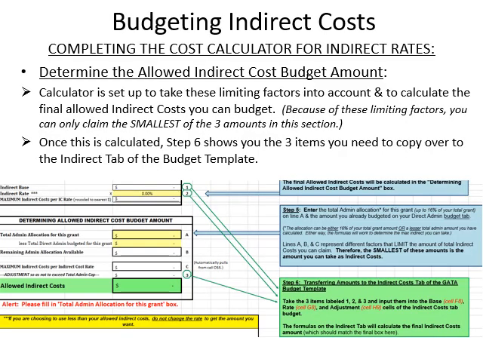Again, to determine the allowed indirect cost budget amount for a negotiated rate, the calculator is set up to take the three limiting factors that we discussed on the previous slide into account and to calculate the final allowed indirect cost you can budget. So because of these limiting factors, again, you can only claim the smallest of the three amounts in this section. So once this is calculated, step 6 below will show you the three items that you need to copy over to the indirect tab of the budget template.